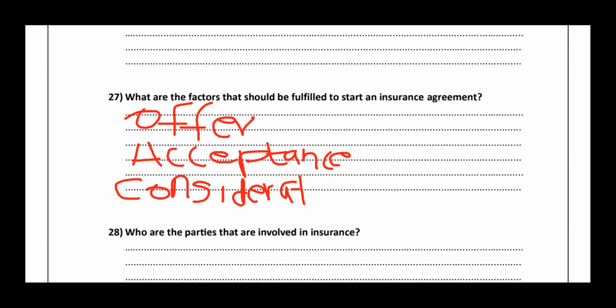The compensation payment. So this is what comes under consideration. Again I'm telling, in the insurance agreement, there will be a particular premium payment that the insured should make, and also there is a compensation payment which is made by the insurance company. So that comes under consideration.